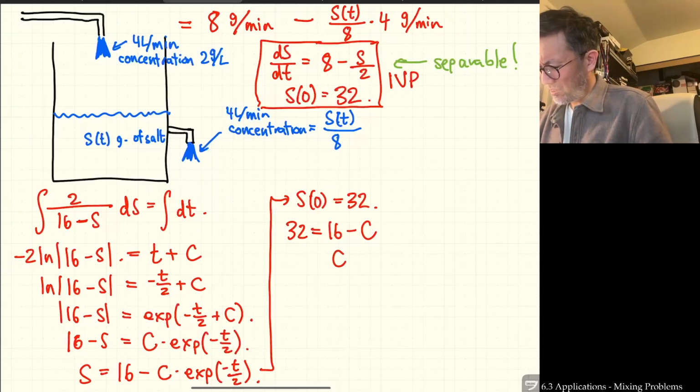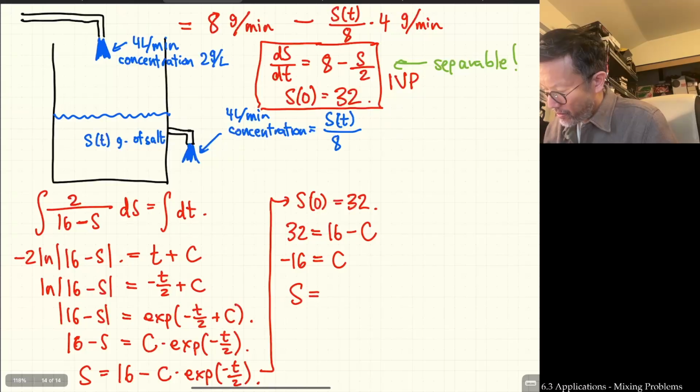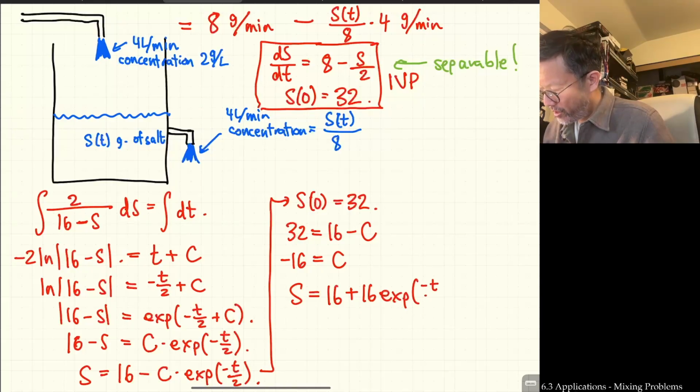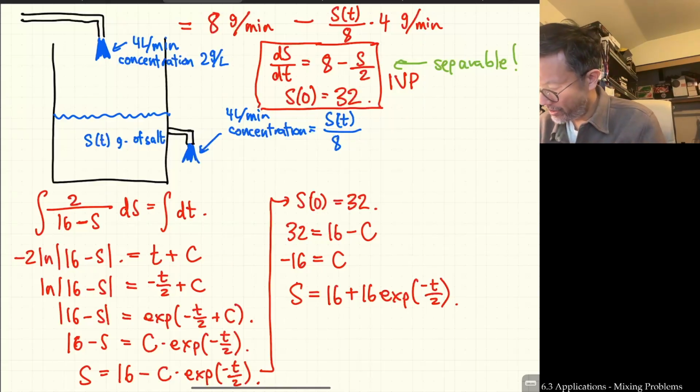So I believe that c is equal to -16. Which means that s is equal to 16 plus 16 exp of -t over 2. Yeah. This is s of t.